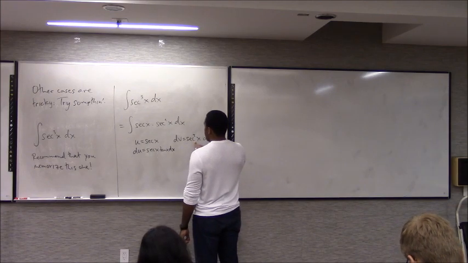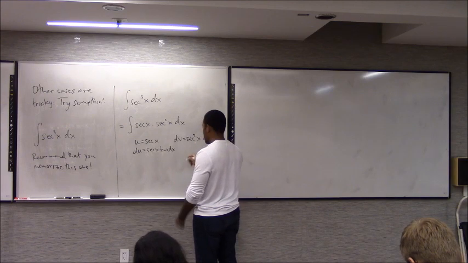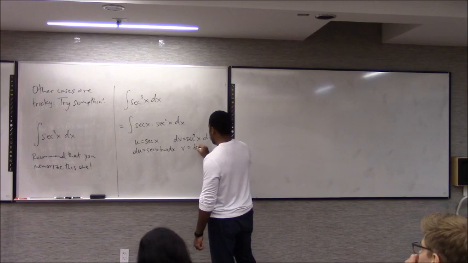Right, now I chose dv to be the secant squared because I know integrating that will actually lower the power, right? Because the integral of secant squared is what? Tangent.